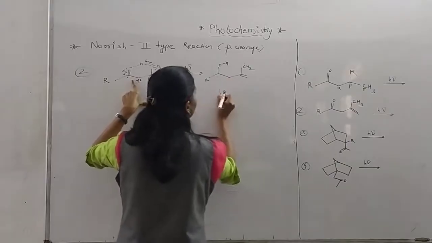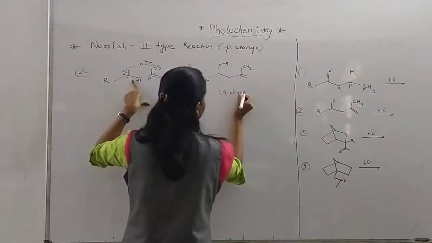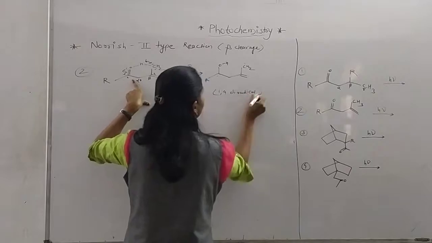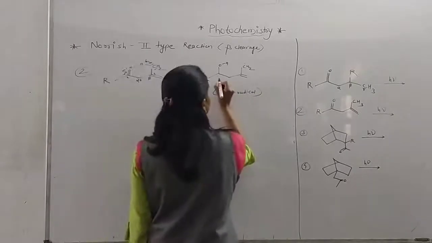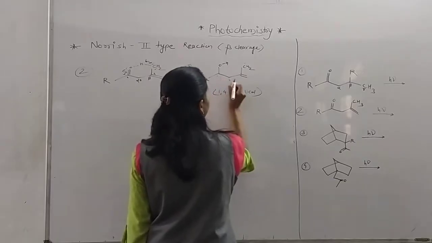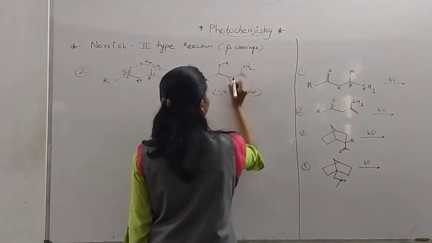That means a 1,4 diradical in the first step. We have obtained this 1,4 diradical: first position, second, third, and fourth. And this is beta cleavage.